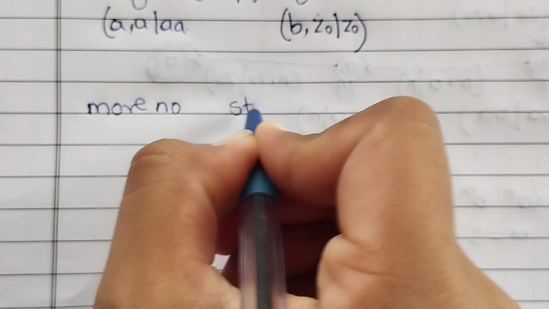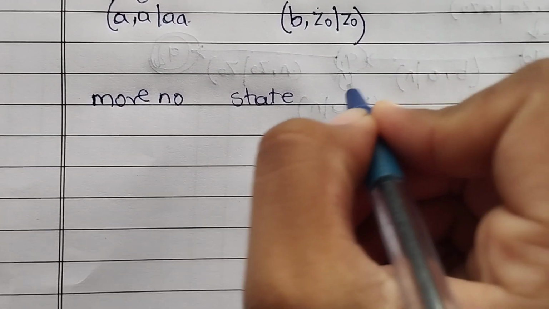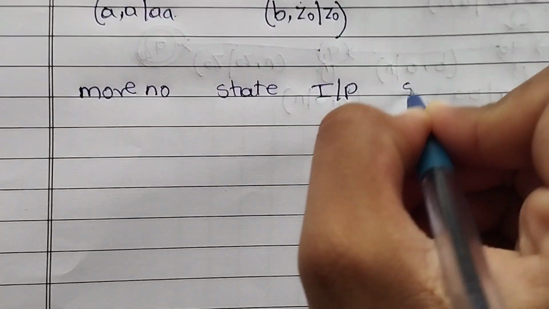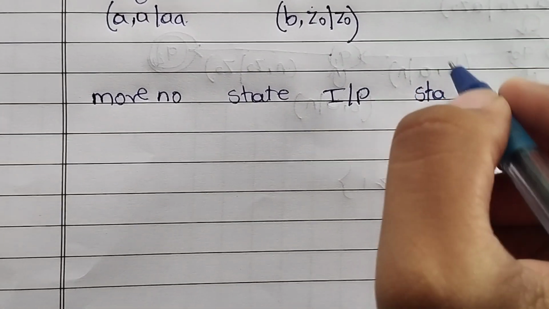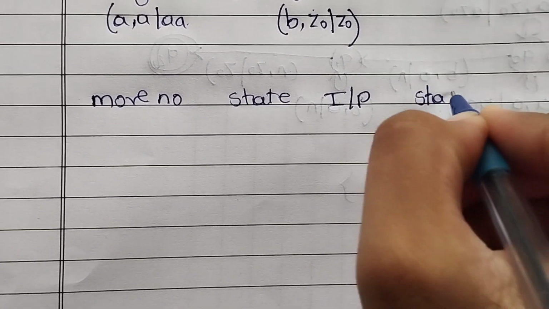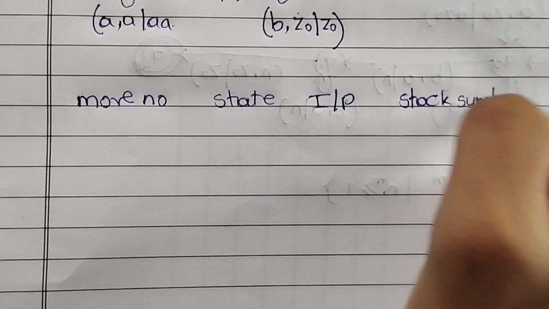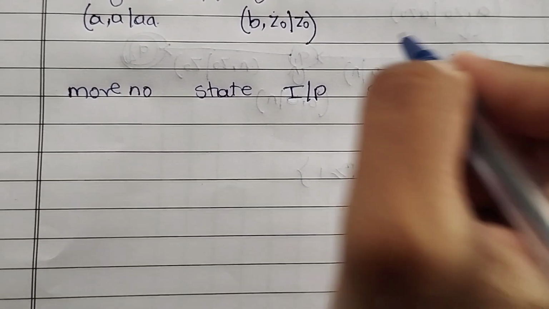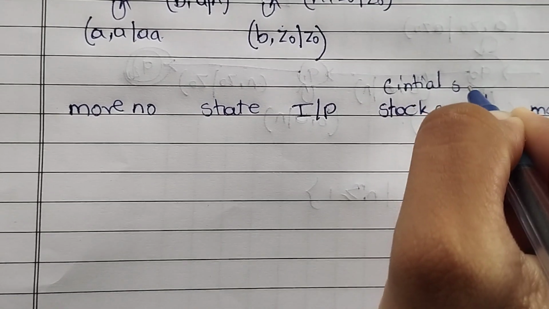Then state, and then you write input symbol, then stack symbol. This stack symbol is nothing but the initial symbol, and here we write move.